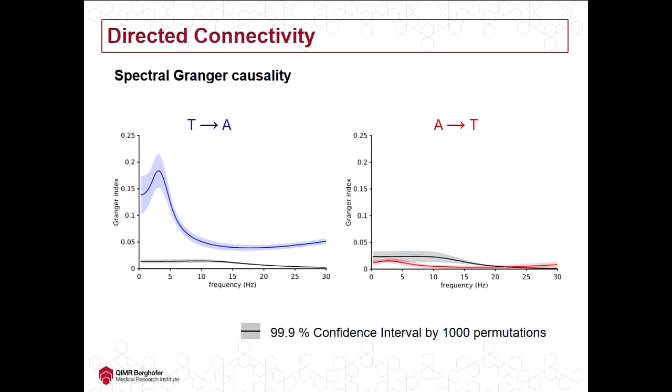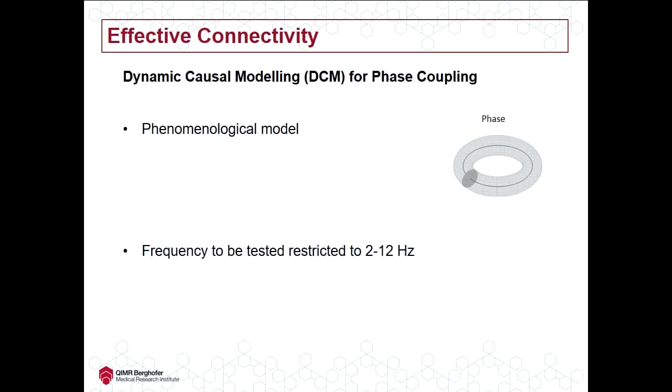Okay, so far I've talked about the direction of communication with all the conditions combined. Now we wanted to know the effect of the modulation condition on this connectivity, for which we used dynamic causal modeling for phase coupling. This DCM for phase coupling is a phenomenological model which models the data feature, which in this case is the phase of the signals.